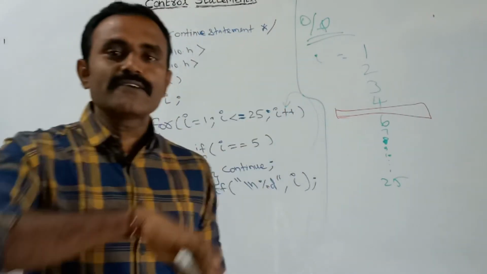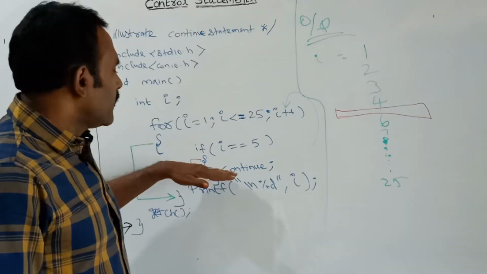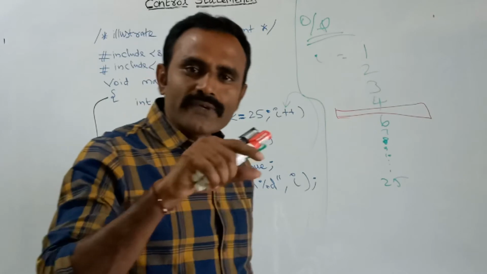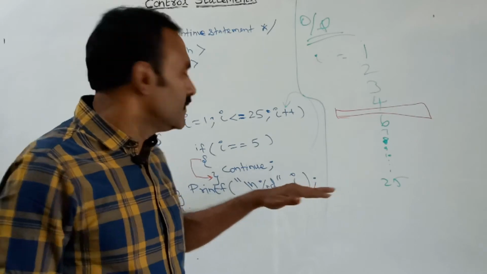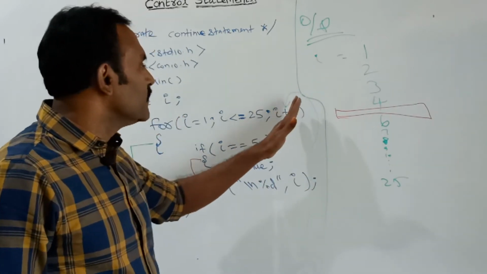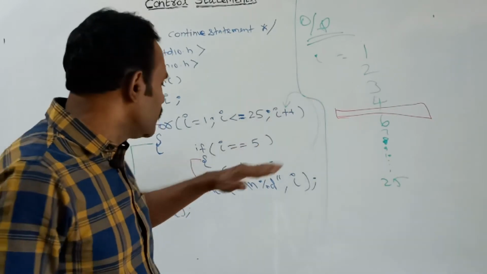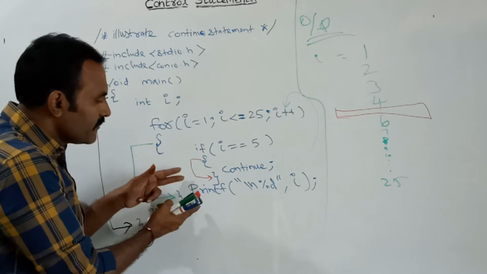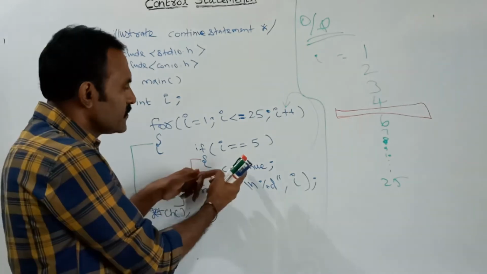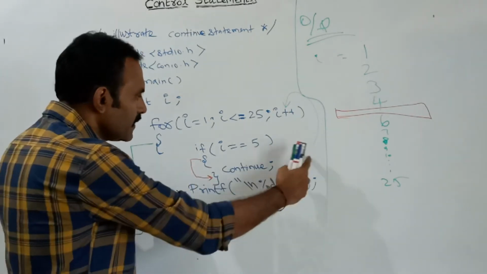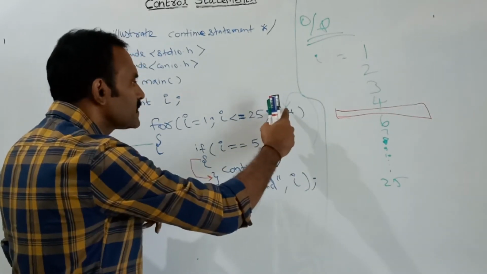So when the continue statement is encountered inside the loop, it skips the current statement inside the loop and goes to the next iteration value.